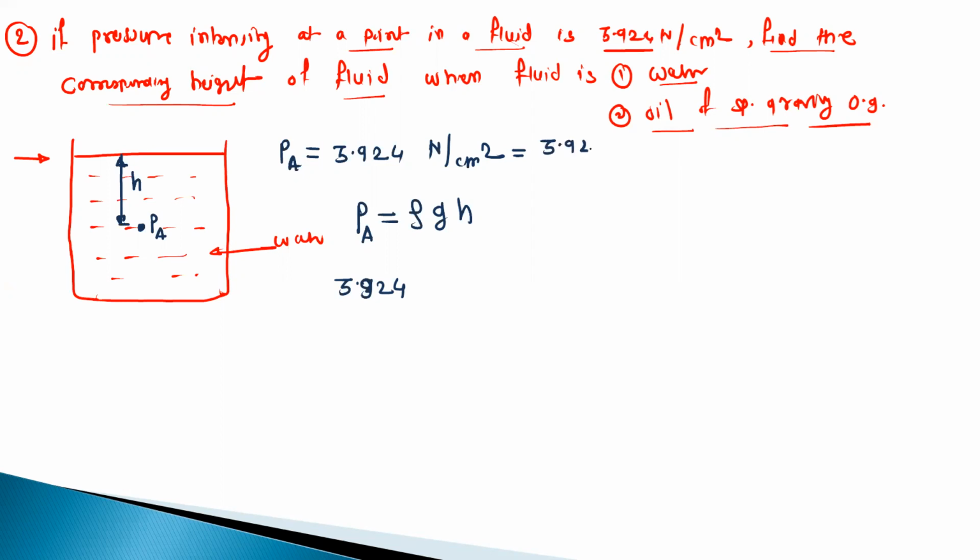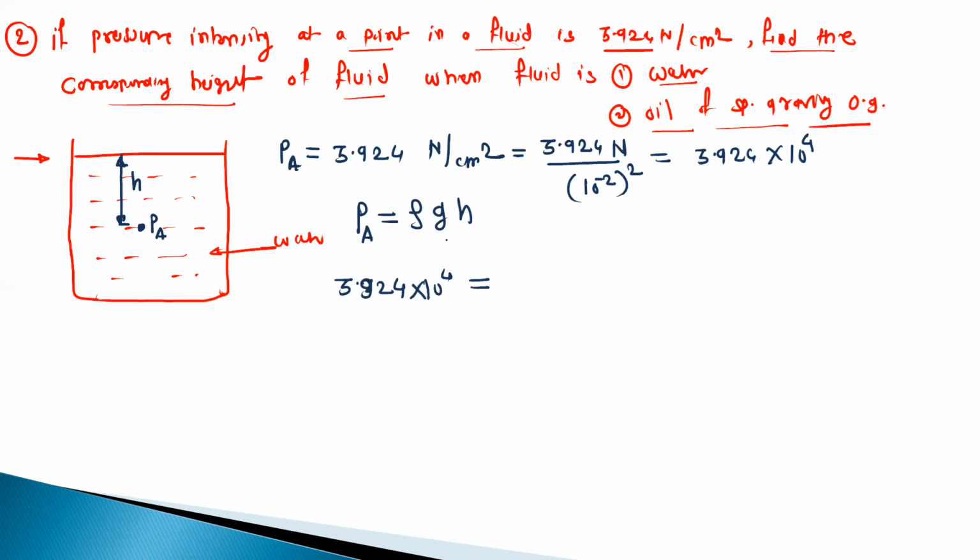So 3.924 upon, so this is in Newton, convert centimeter into meter. So this is 10 to the power minus 2 and square. Okay, so this is equal to 3.924 into 10 to the power 4. Actually it is 10 to the power minus 4 in the denominator, so in the numerator it will become plus 4. So multiply by 10 to the power 4.